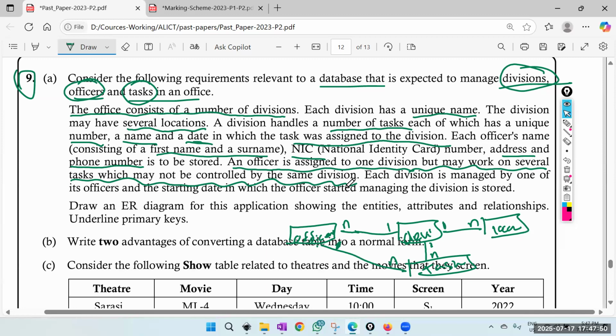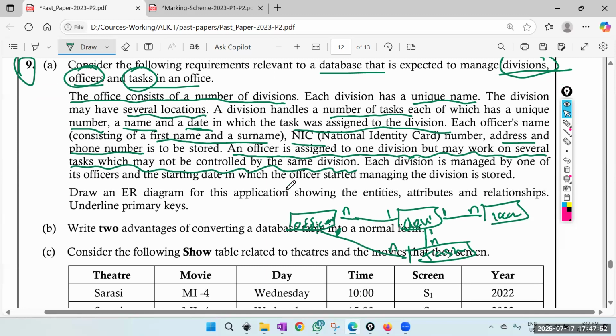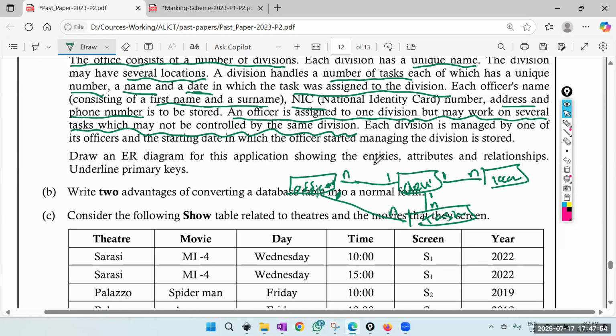Draw an ER diagram for the application showing the entities, attributes, and relationships. Underline primary keys. So this is a tricky one. In the exam, if I can find some other questions, I will not do this, because there is a lot of fuzziness here.